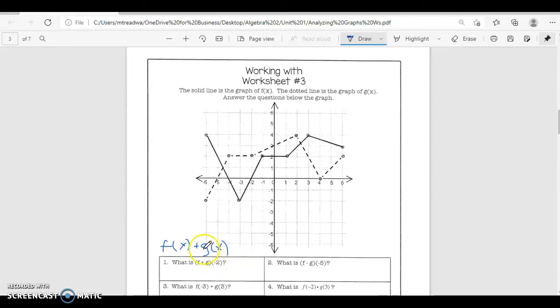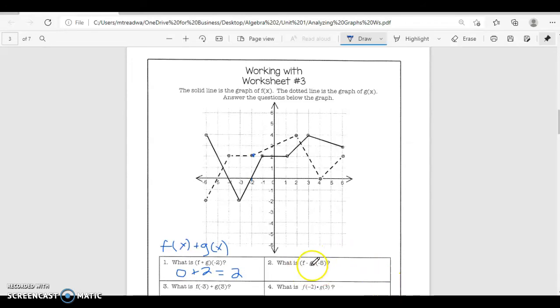So I'm going to look on my graph. F of x is my solid line. So at negative 2, f of x is 0. Then g of x is my dashed line. And at negative 2, g of x is positive 2. So 0 plus 2 is 2.